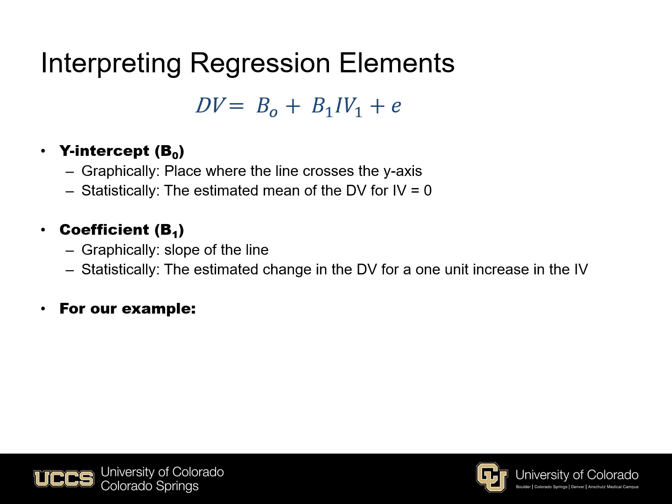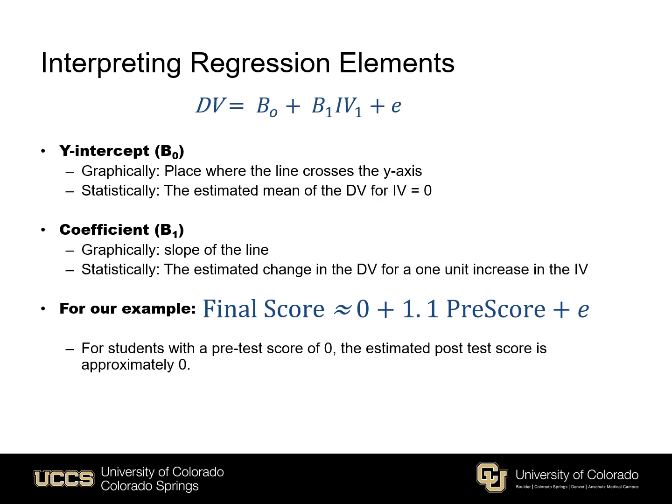And then we can take it a step further and look at our customized example where we had final score equaling an intercept of approximately 0 plus a slope of approximately 1.1 times the pre-score plus error. And what we can infer from that is that for students with a pre-test score of 0, our estimated post-test score will be approximately 0.